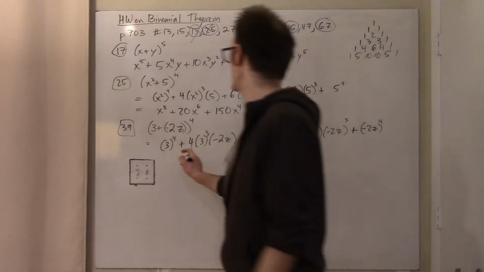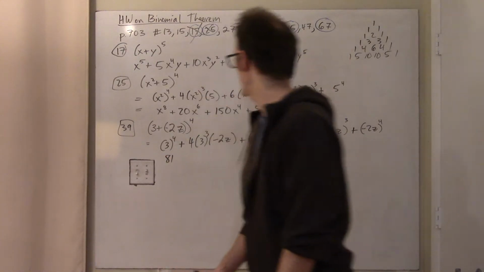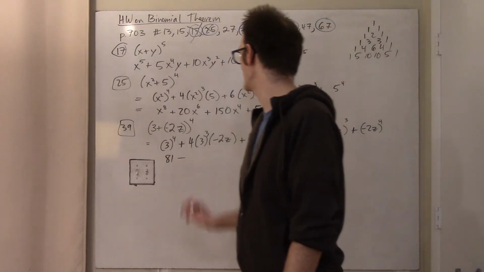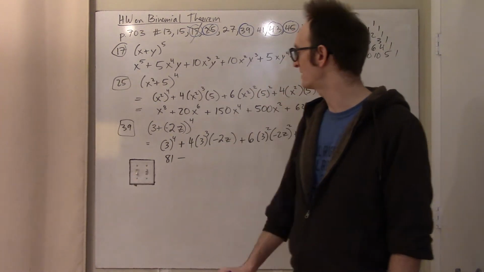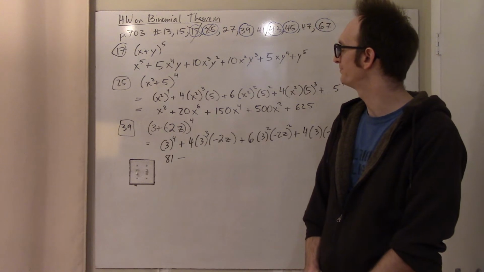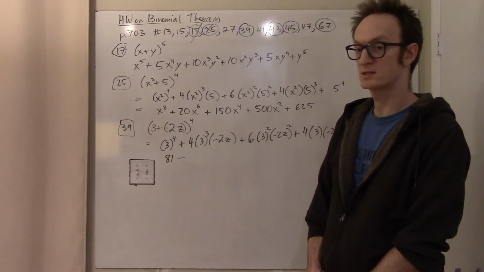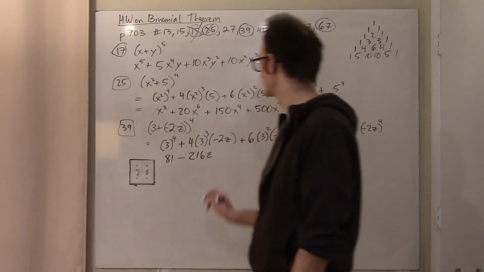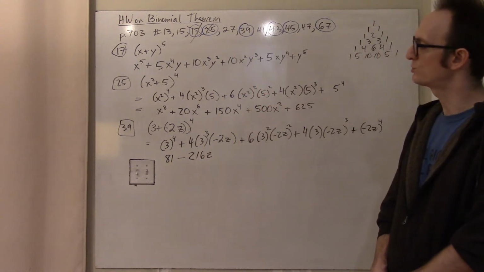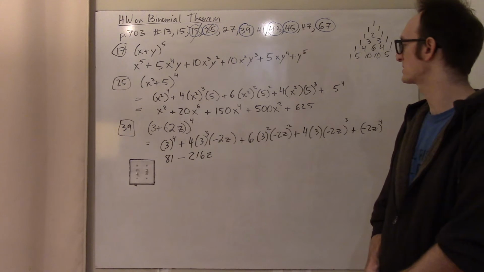So what do we get here? We get 81. This will become minus, and these are just big numbers now, so I'm sad. 27 times 8, I don't know what that is. Is that 216z? Hold on, is that right? 8 times 27, that's 2 cubed times 3 cubed, that's 6 cubed, that's 216, sure.